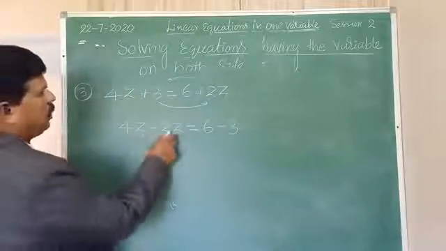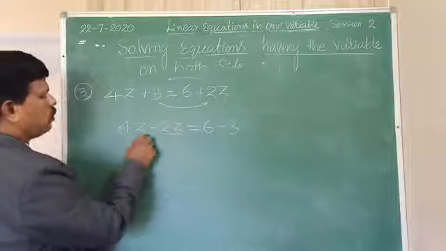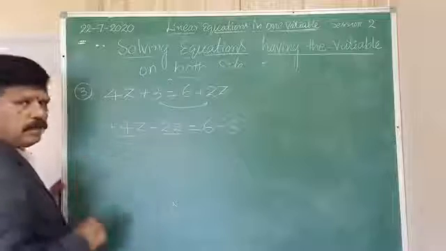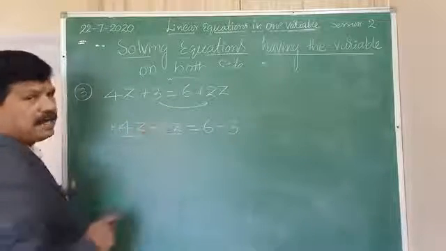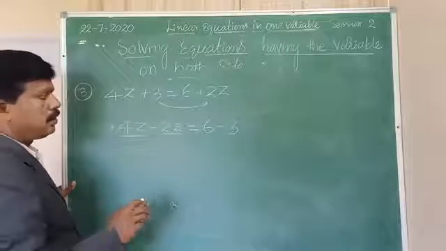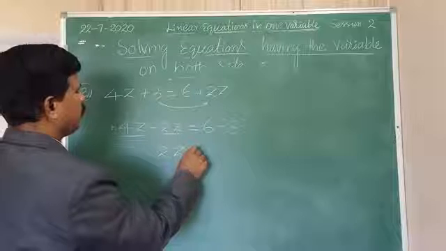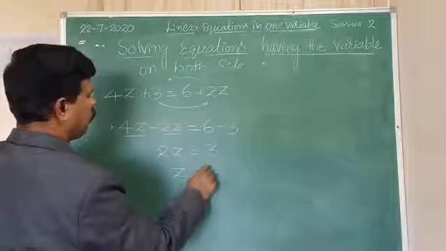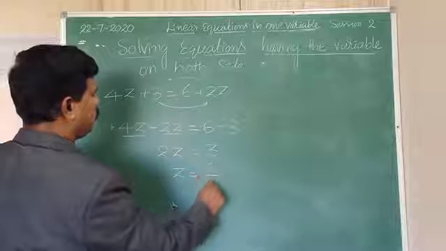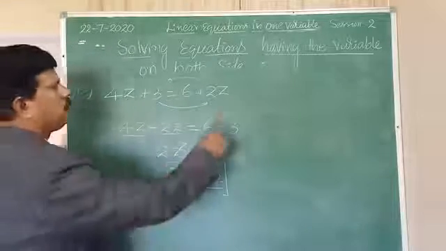Now here how many z are there? Here 4z positive, 2z negative. So we should subtract, plus and minus, unlike signs. So this is 2z equals 3. Then z equals 3 by 2. This is a simple solution.